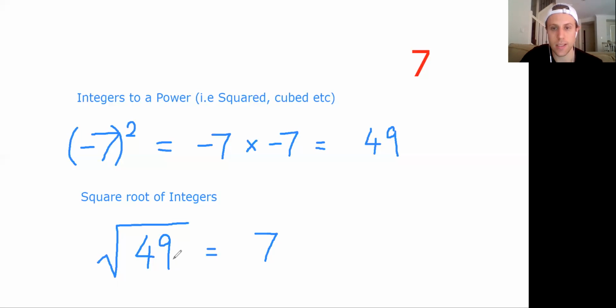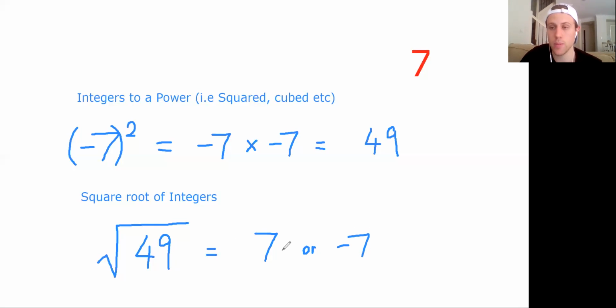Only problem is we know now that -7 times itself is also positive 49. So we've actually got 2 answers that come out. We have positive 7 or -7. Both of those answers are right. Both of them multiplied by themselves would be positive 49.